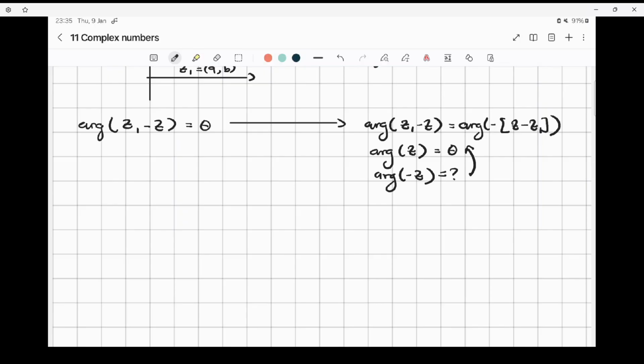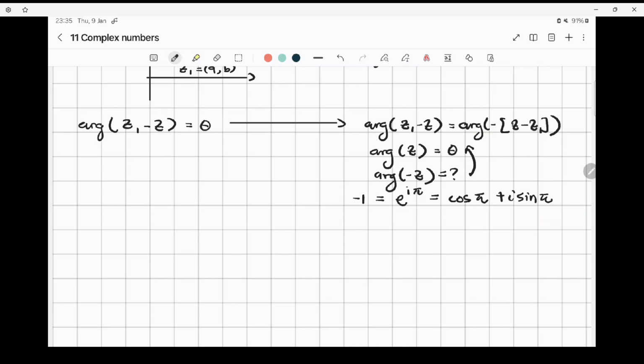So first things first, what is minus 1? If you think about it, minus 1 is equal to e to the power of i pi, because when you write it using Euler's equation, you have cos pi plus i sine pi. Sine pi is 0, cos pi is minus 1.